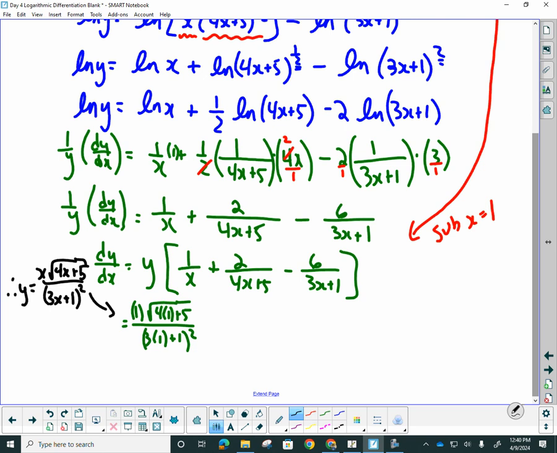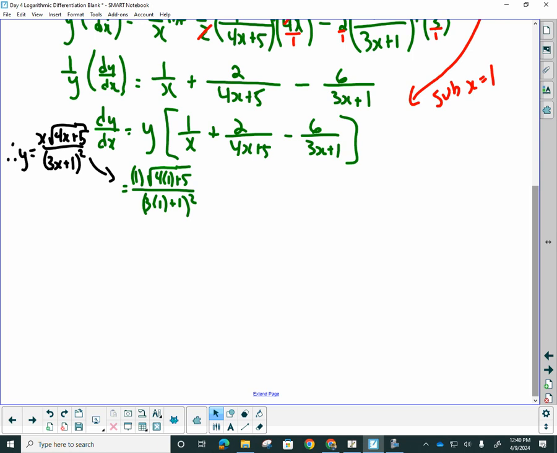So I've replaced the y with that, but then substituted x equals 1 at the same time. The x equals 1 can get substituted here as well.